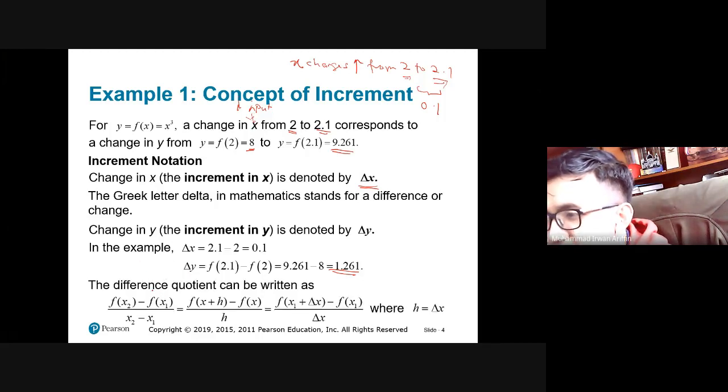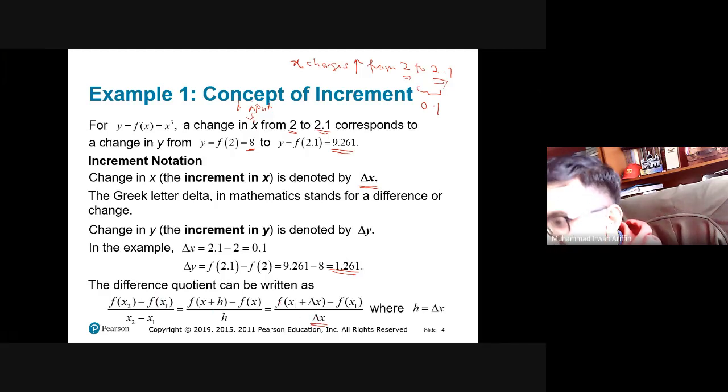So now we can simplify our difference quotient, where we are comparing the changes between x1 and x2. What is x1? In our example, this is 2 and this is 2.1. So it changed by a small amount, h, which is 0.1. So this is delta x, the change in x, which is h, and can be represented by delta x.